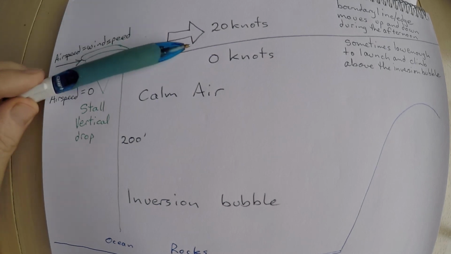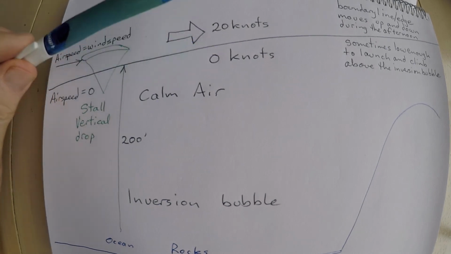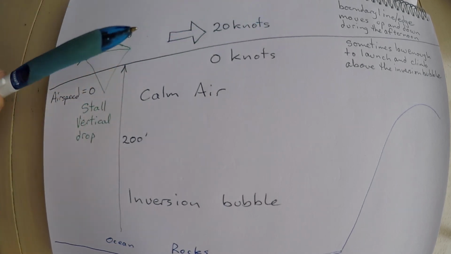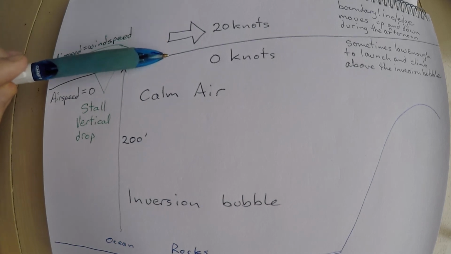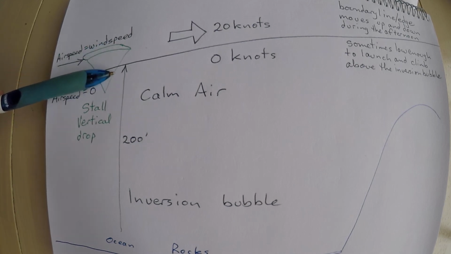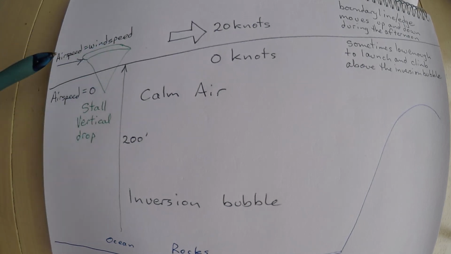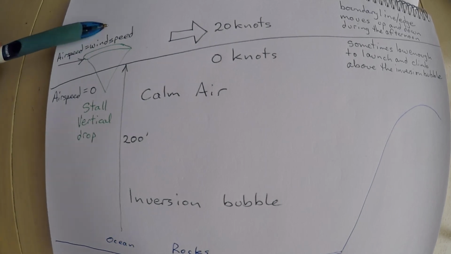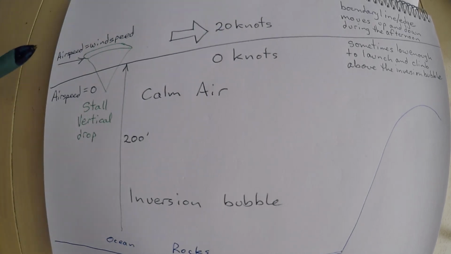And because of the glide angle of the glider relative to the angle of the wind, I was gradually descending, and at an instant flew from above the boundary layer to below the boundary layer. While I was above the boundary layer, my airspeed was the wind speed of about 20 knots.